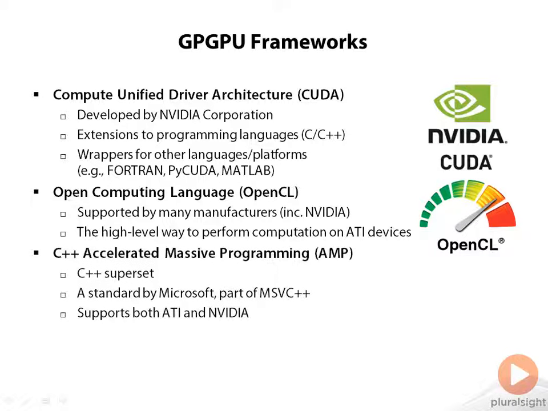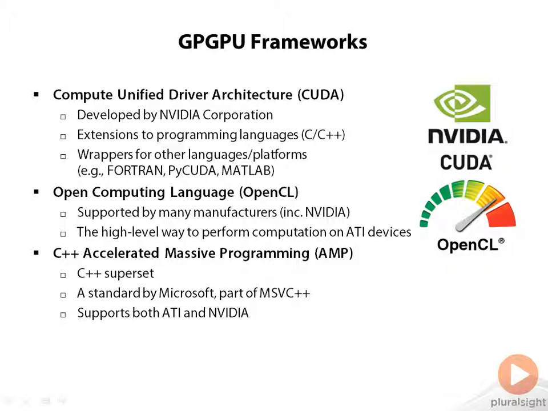Another framework that might be worth a look is the C++ AMP technology being pioneered by Microsoft in cooperation with graphics cards manufacturers. And C++ AMP is essentially a library-based approach to using C++ with only one or two language extensions to perform general-purpose computation on graphics processors.